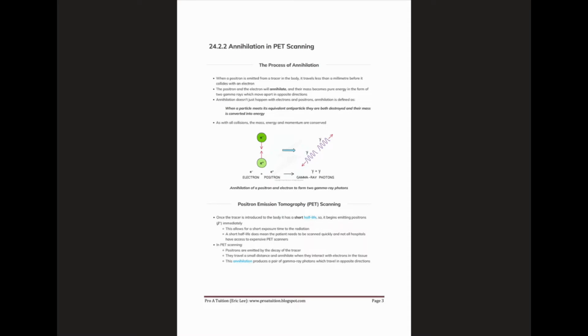Annihilation is the conversion of matter into energy, especially the mutual conversion of a particle and an antiparticle into electromagnetic radiation.